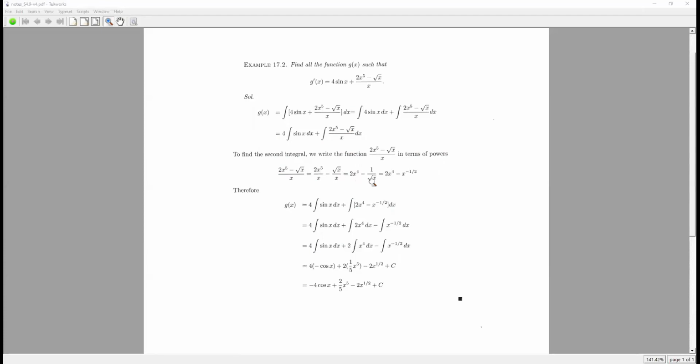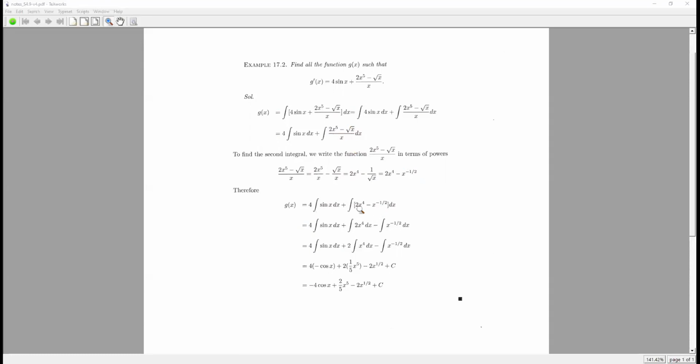Then we get this. Now 1 over square root of x, I can write as a power. The power is x to the negative 1/2. Now replace this function by this function. Then we get this equation.